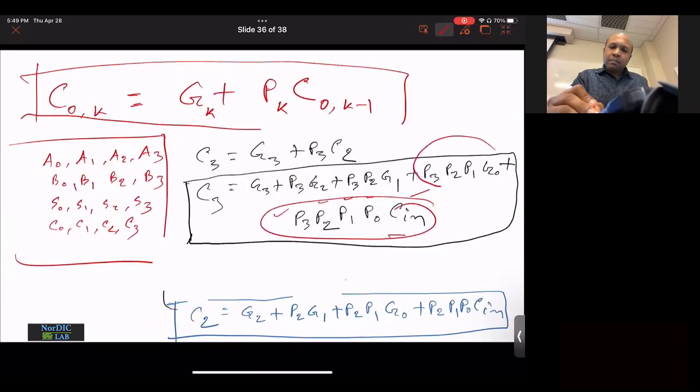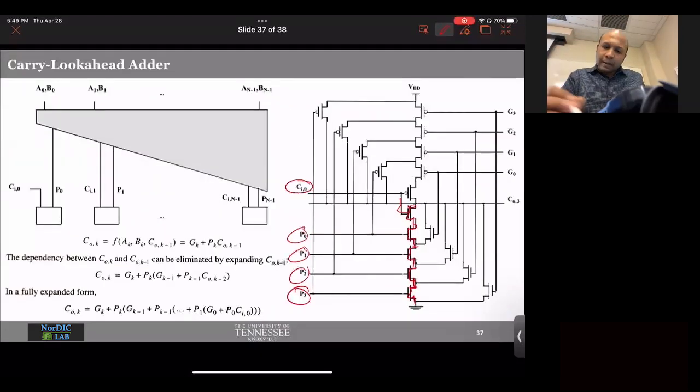How about this guy? P3, P2, P1, G0. Remember these terms, P3, P2, P1, G0, right? Let's see. Let's start with G0. This is G0. You see that? And this is an NMOS, by the way. G0.